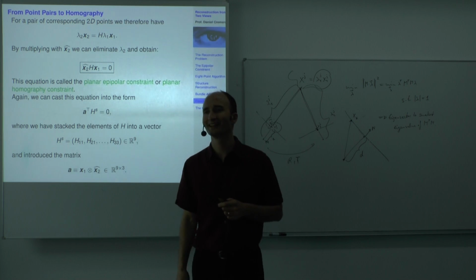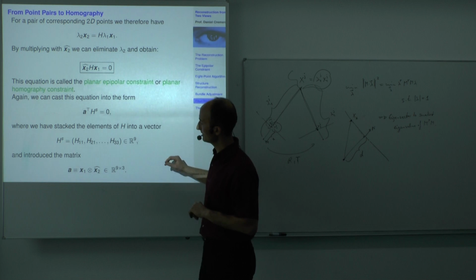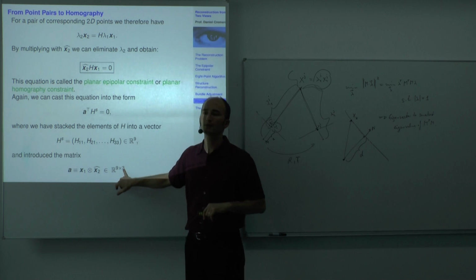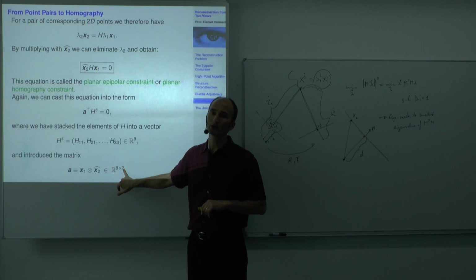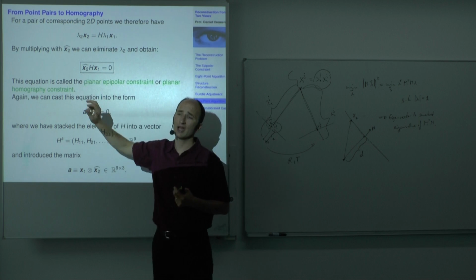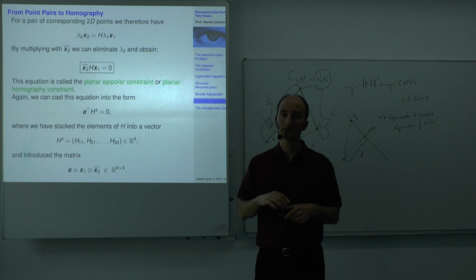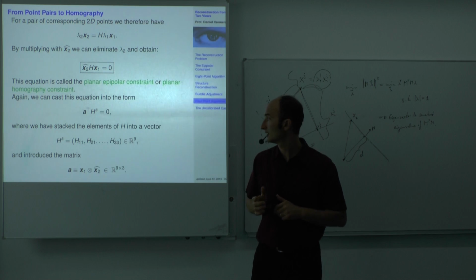Yes, 3 equations with 9 variables. It's not good. It means it's not enough to get a unique solution. In addition, there's one issue. There are 3 equations, but unfortunately only 2 independent ones. The reason is that this matrix x2 hat is a skew-symmetric matrix. And that, we remember, is a matrix that has rank 2, not rank 3.